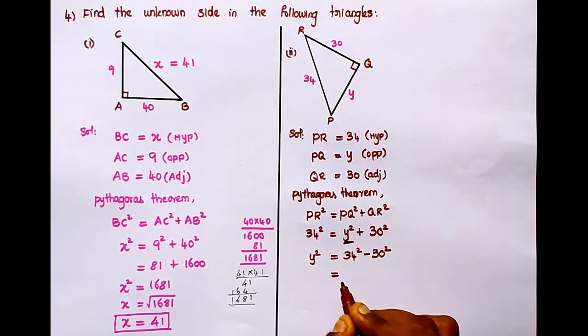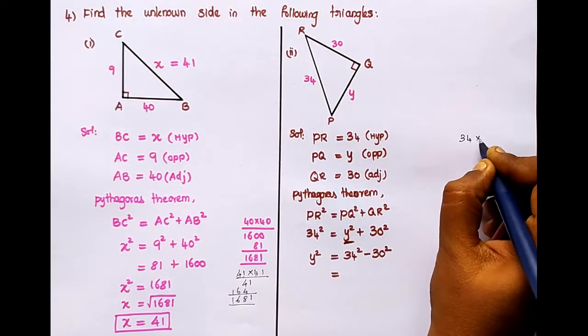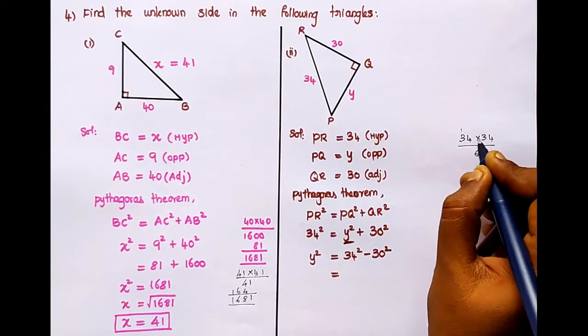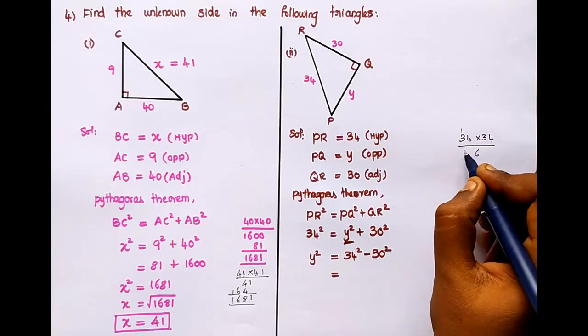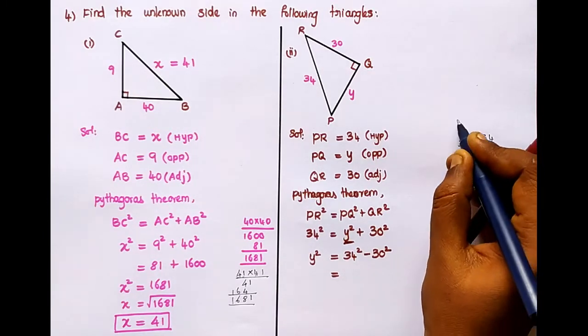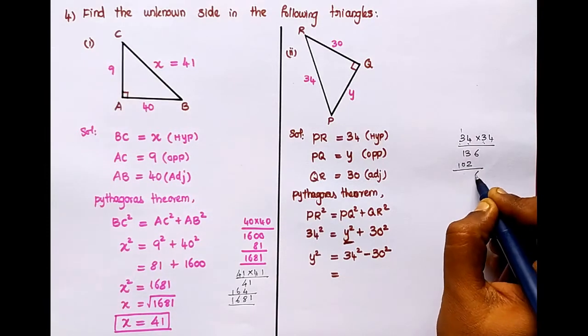Now what is 34 squared? 34 into 34: 4 fours are 16, 3 fours are 12 plus 1 is 13, 3 fours are 12, carry over 1, 3 threes are 9 plus 1 is 10.